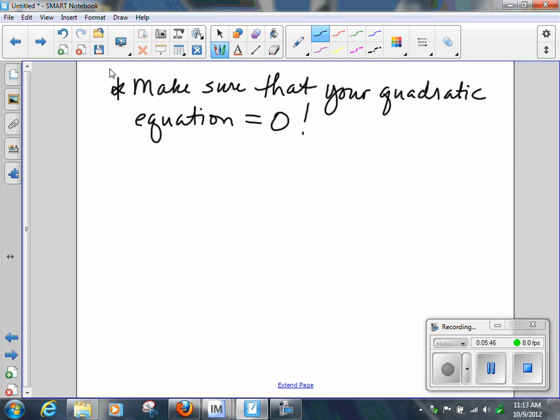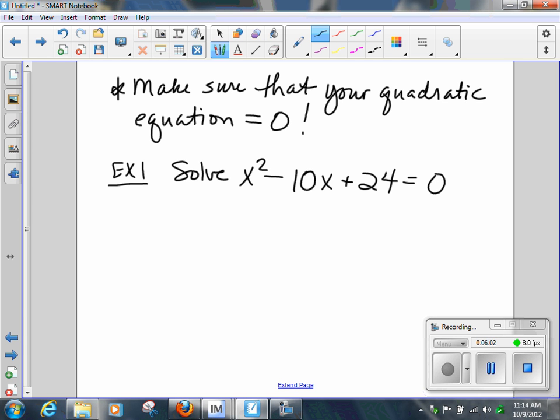If you're equal to 0, then you're good to go. So let's do something very simple. Let's solve x squared minus 10x plus 24 equals 0.